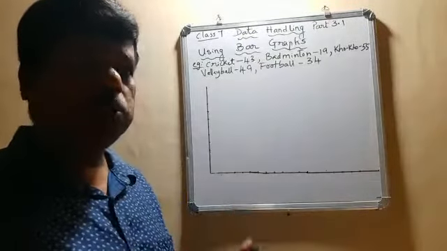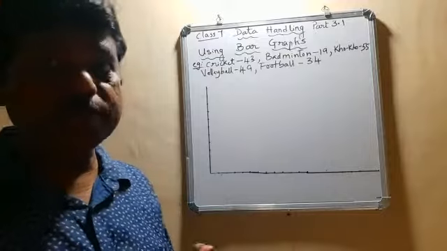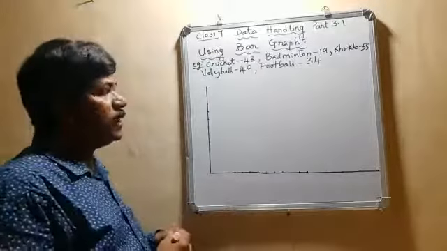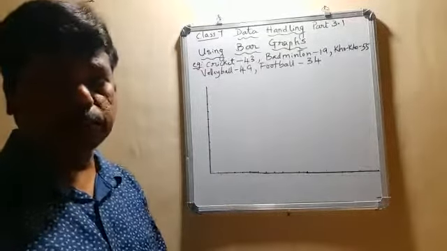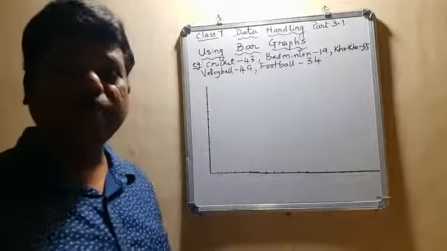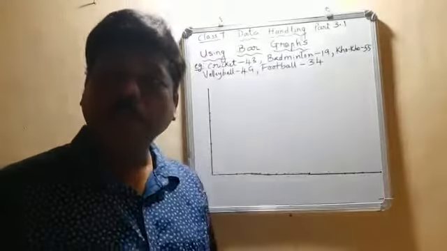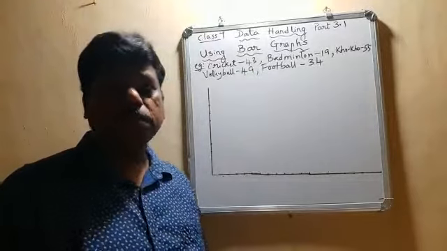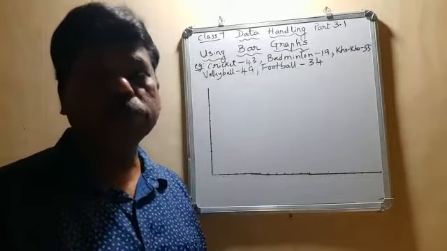So I have to choose first an appropriate scale. So the x-axis and the y-axis have to be chosen. The x-axis will always have a fixed unit, and so will the y-axis.